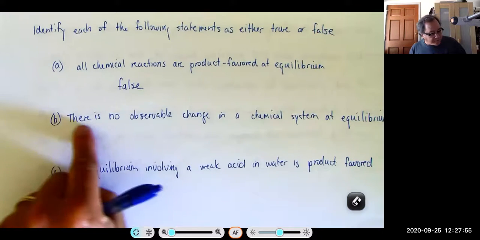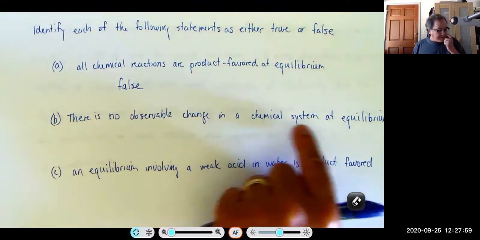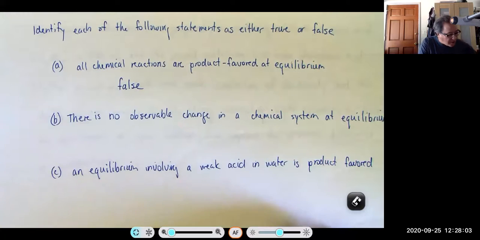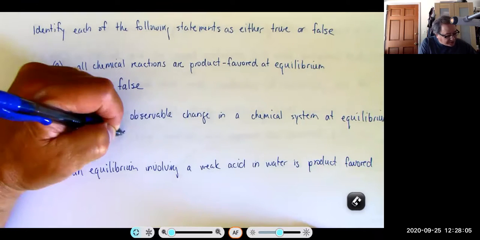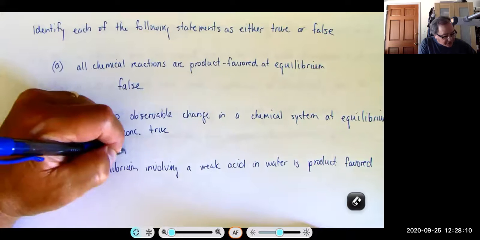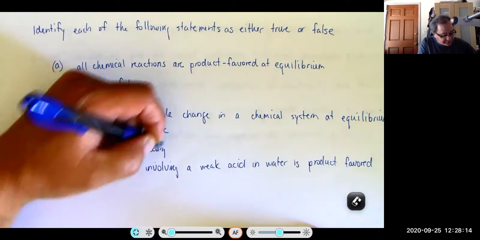There is no observable change in a chemical system at equilibrium. This could be answered 2 ways. If we want to talk about concentrations, then it's true. If we're talking about reaction occurring, then it's false.